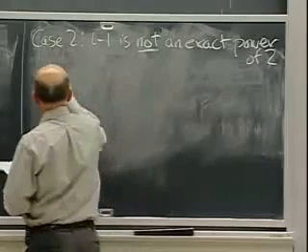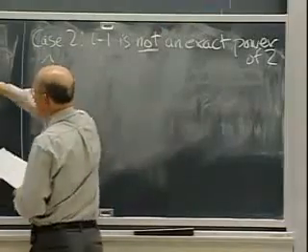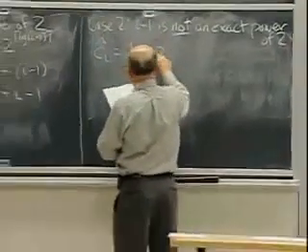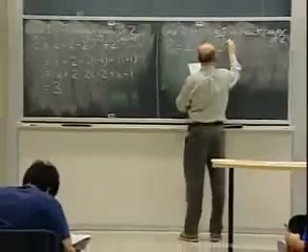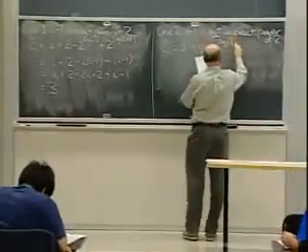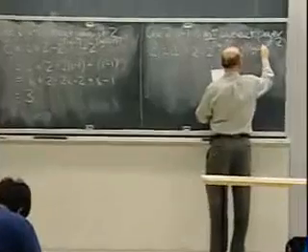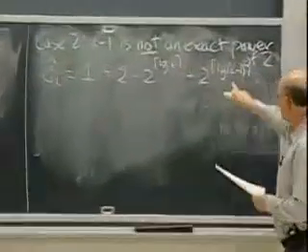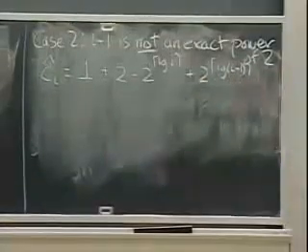So then we have C sub I hat is equal to, now instead of I, it's 1 plus, and then the 2 minus 2 to the ceiling of log I plus 2 to the ceiling of log of I minus 1. Now what can somebody tell me about these two terms in the case where I minus 1 is not an exact power of 2?